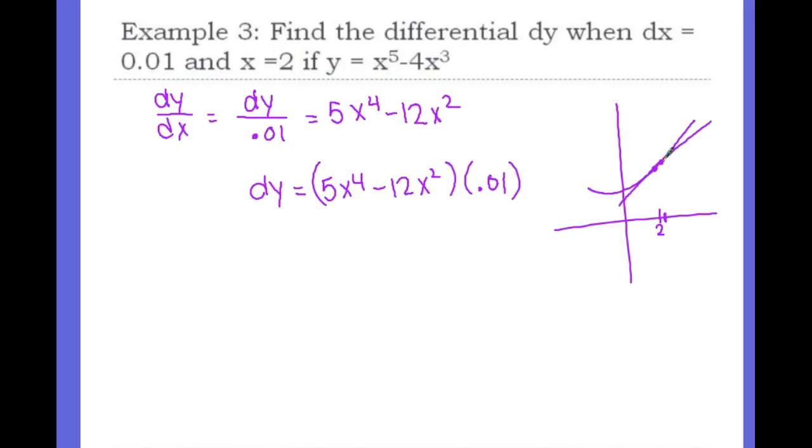So here's the 0.01 units away. I found this at x equals 2, and then I moved 0.01 units away and found the new derivative.